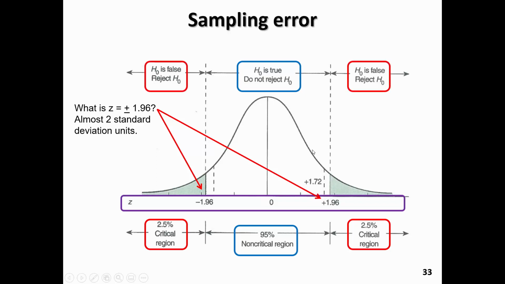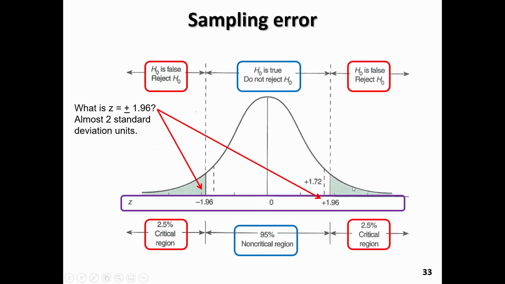Only when our calculated z value falls outside of this 95% area, for that to happen, the calculated z value from our statistical testing has to be a value greater than 1.96 or less than negative 1.96. And that would put our calculation into what is called the critical region, split between the lower level and the higher level, 2.5%, 2.5%.